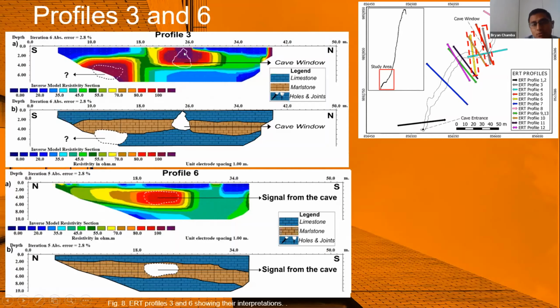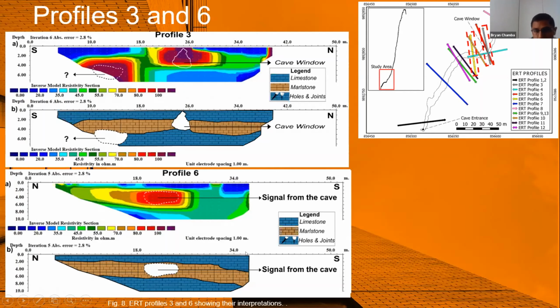But also it's important to say that at first, we thought that the electrical resistivity tomography method would be able to give us an idea about the geometry of the cave. But as you could see, the geometry of the cave and the resistivity anomaly do not match, but the position of the cave matches with the resistivity image.